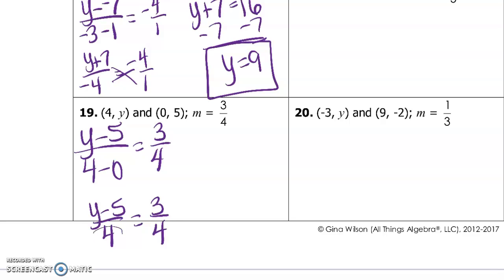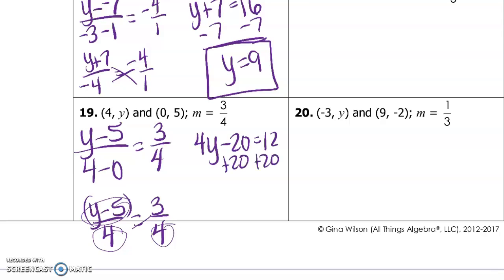So this one, your 4's already matched, so you just need to get your top to equal 3. So hopefully you can do that. If not, if we cross multiply, 4y minus 20 is equal to 12. Add 20, 4y equals 32. Divide, and y equals 8.